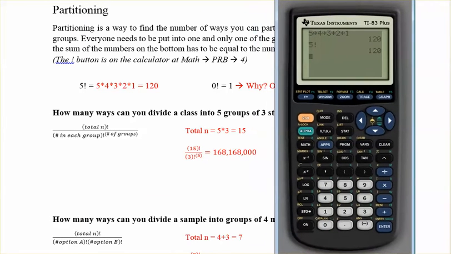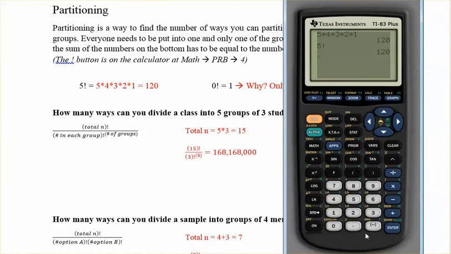So how would that look over here on your calculator? On your calculator, you would have 15 factorial divided by, and then I'm going to go ahead and do the 3 and the factorial and raise that up to your number of groups, which is 5.